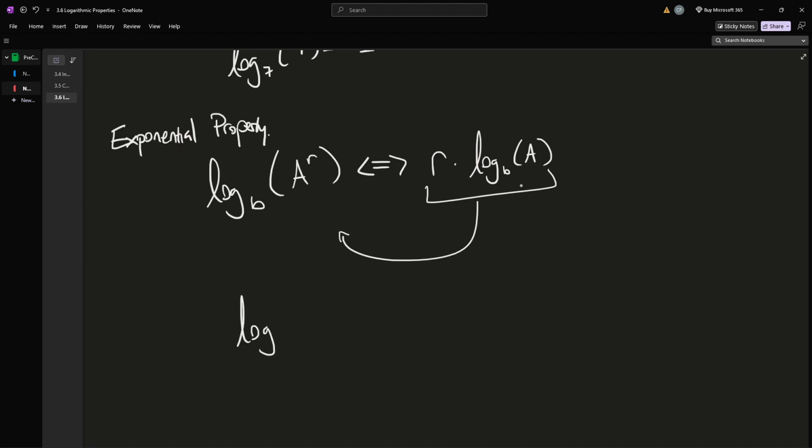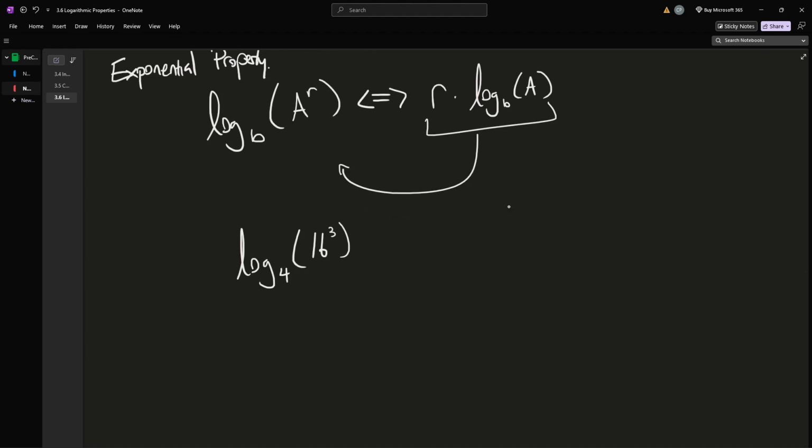Log base 4 of 16 cubed. Let's evaluate this. I don't want to do 16 cubed. That's very big. And this is also used if I had variables inside. So I want to convert it to 3 times log base 4 of 16.